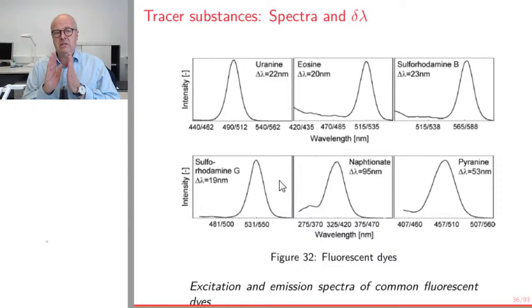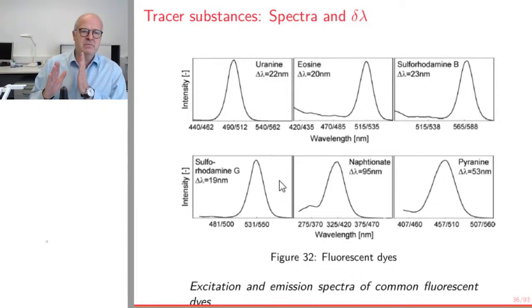And when you get to 491 excitation, you will see a perfect emission at 516 at this delta lambda. With this combination of excitation spectrum and emission spectrum, you can identify uranine very clearly and separate it from all the other tracers that have sometimes different distances, like naphthionate, or different emission wavelengths.